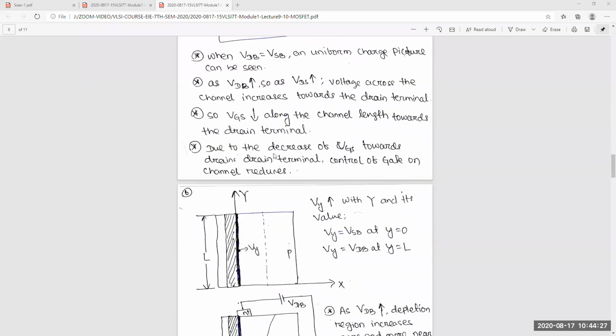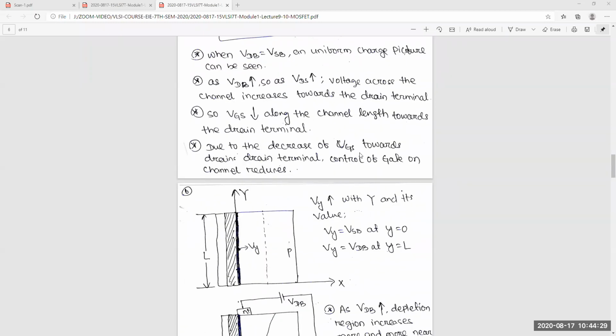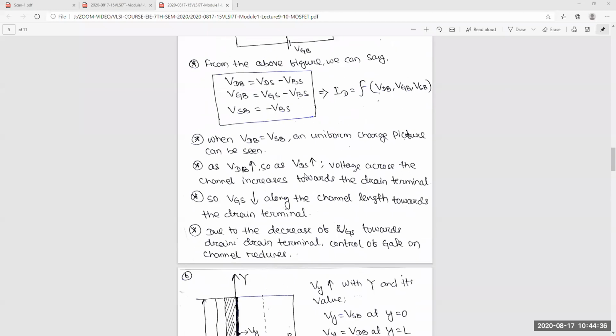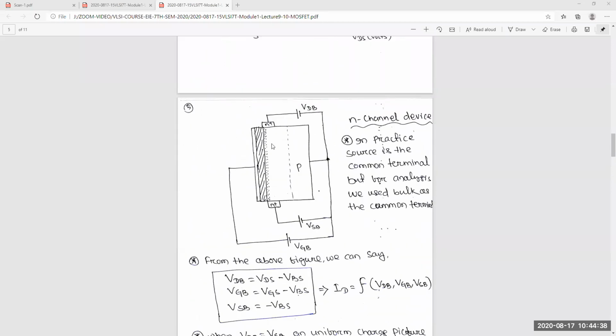Due to the decrease of VGS towards the drain end, the control of gate on the channel reduces. So the gate control on the inversion charges reduces, and at this point it will not be able to attract more electrons.